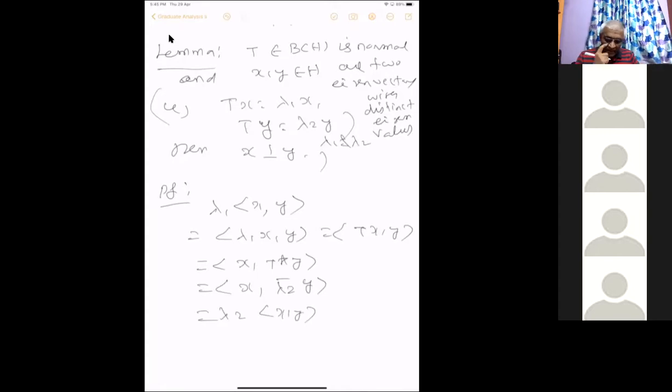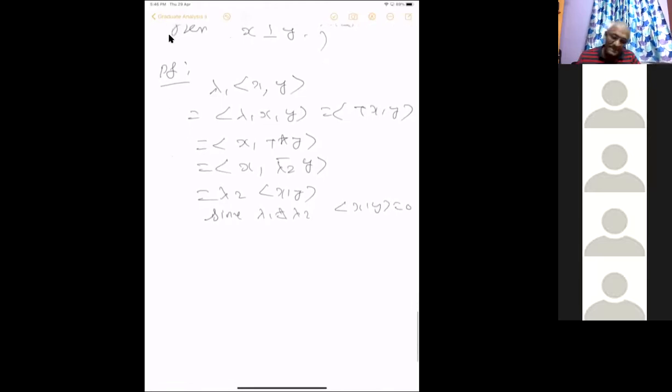So since lambda 1 is not equal to lambda 2, xy should be equal to 0. Okay. So why is that, if it is normal? Here, this is from star below. Now let us see what is star.